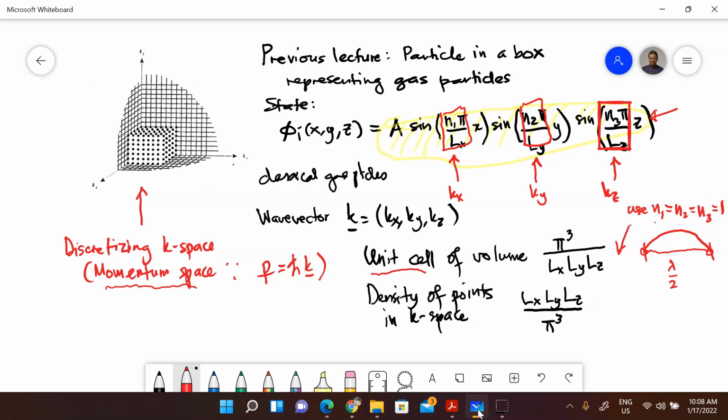So this will be the unit cell, and this unit cell is given by this particular volume. If you invert that unit cell, then you get your density of points in k-space.